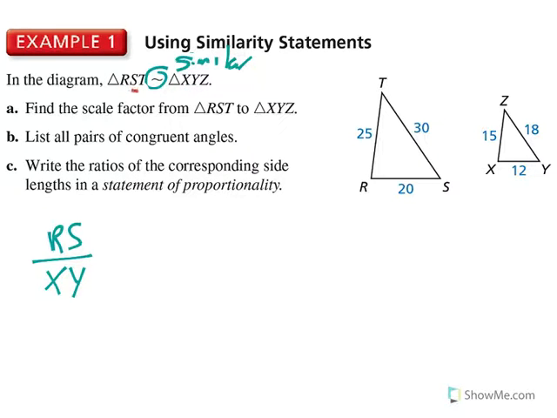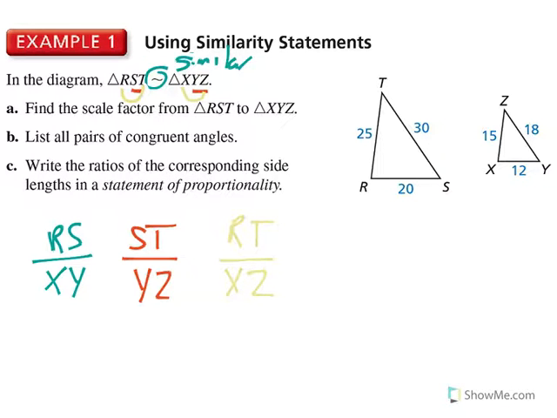So if I also do ST, the last two, would compare with YZ. So I do ST on top, YZ on the bottom. And then I'm going to connect my first and last one as well. So I would have RT compared with XZ. So I'm going to plug these in, and they should turn out to be equal.